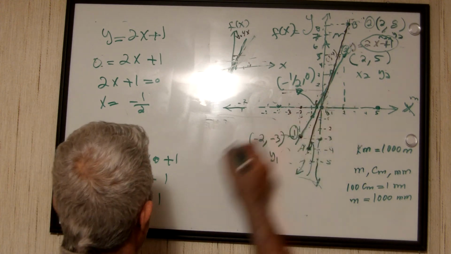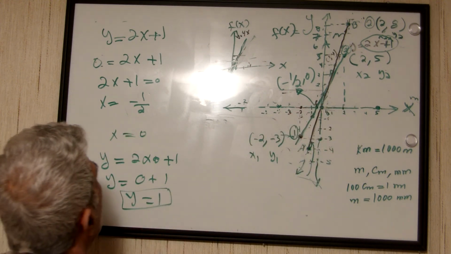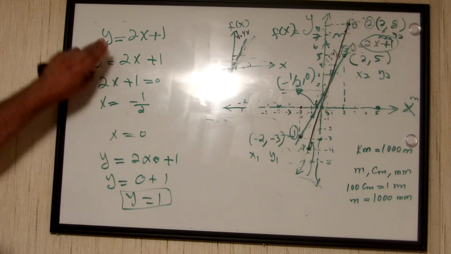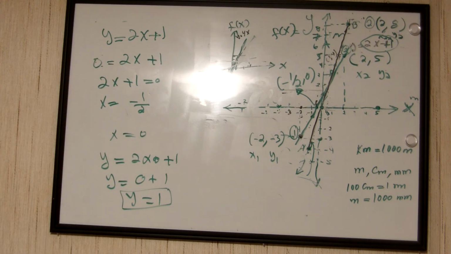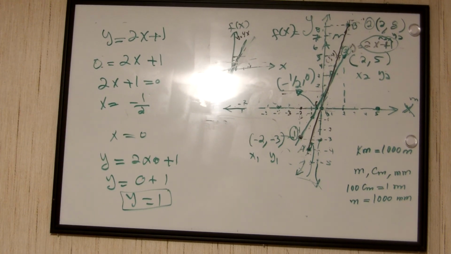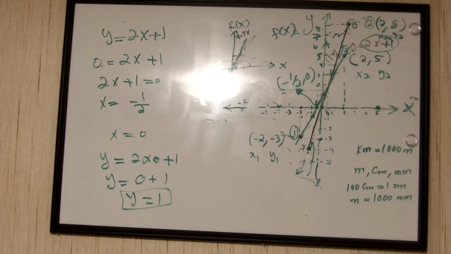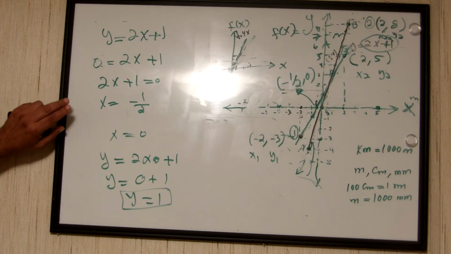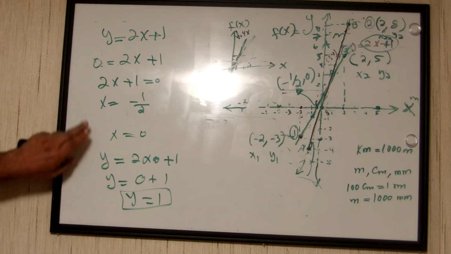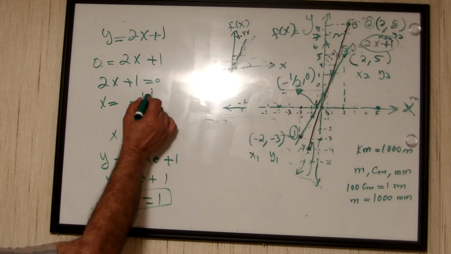So we find out that this is 1. It's going to intercept y. You know what I mean? You put 0 for the value of x and find y. Put the value 0 for y, you find x.